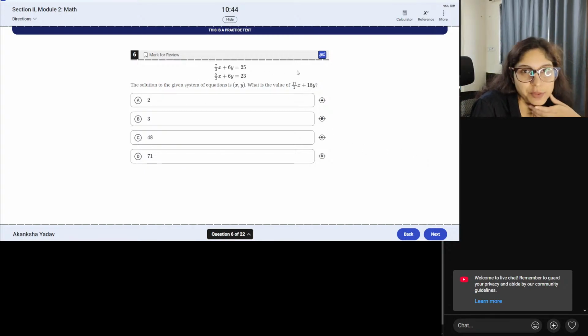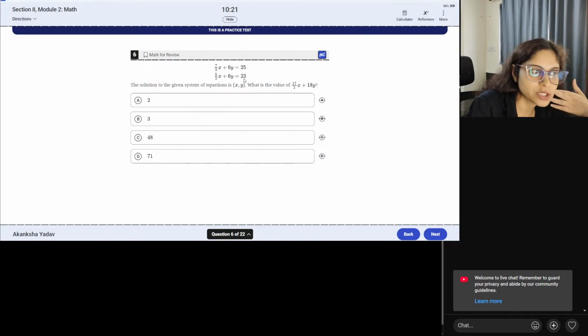For 18y, 6 plus 12 is 18y. So if we multiply any one equation by 2, we'll get 18y. But we want 17 halves x. If we multiply the first one by 2, it will be 14 over 2. 14 plus 5 is 19, so that won't work. If I multiply the bottom one by 2, 5 times 2 is 10. 10 plus 7 is 17. So yeah, that is giving our answer.